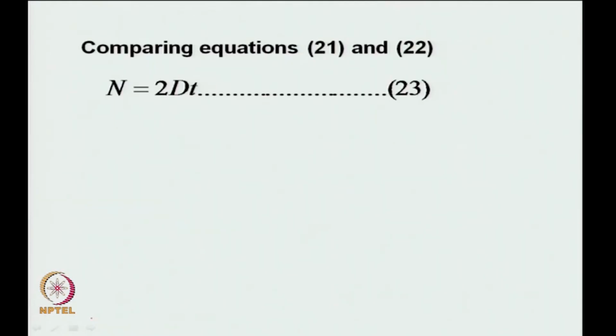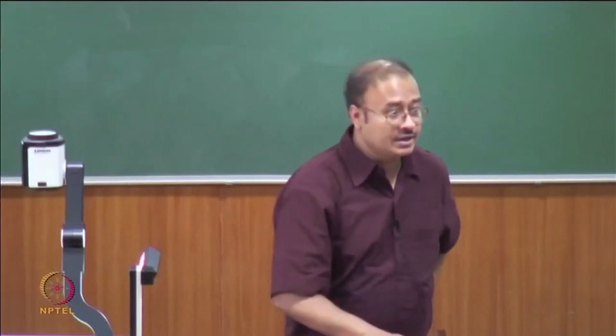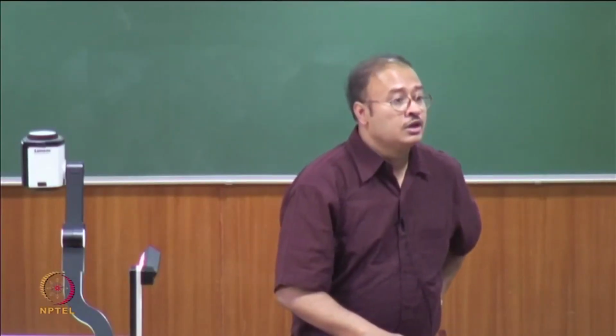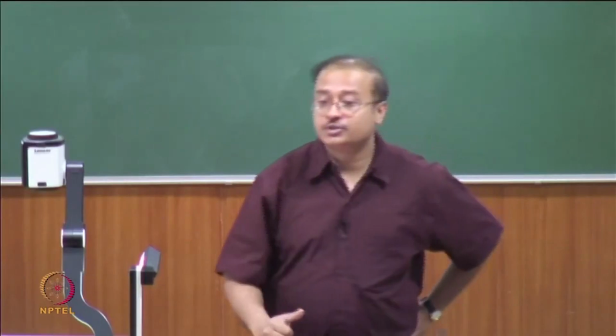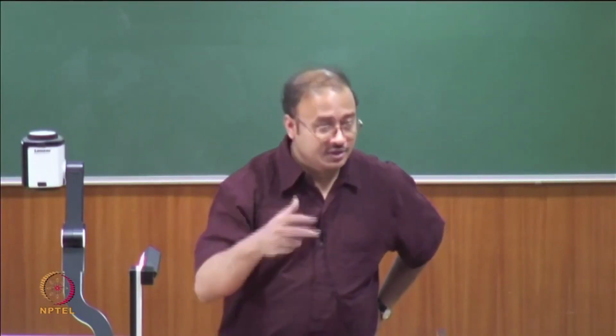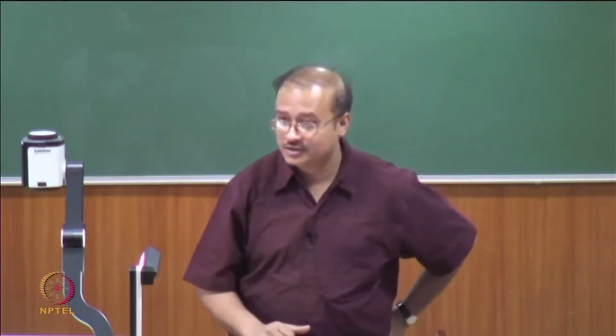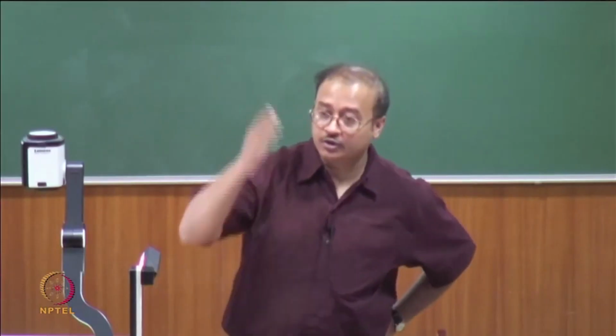Now, this is important. Here what you have said is that the total number of steps that I take, or anyone can take, is equal to a certain constant times the diffusion coefficient times the time that has evolved since you started walking, since you started making the first step.